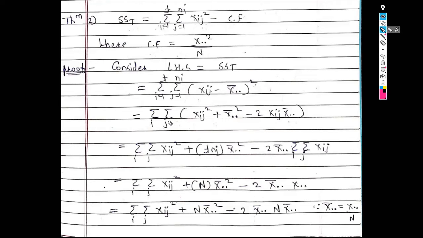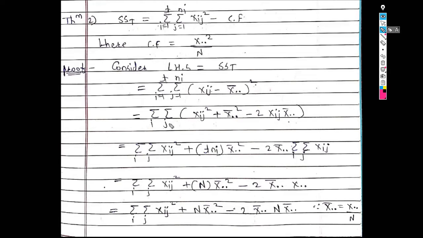Summation over i summation over j in bracket x_ij squared plus x dot dot bar squared minus 2 times x_ij into x dot dot bar. Now just take this summation sign inside the bracket. So we get summation over i summation over j x_ij squared plus, now x dot dot bar is independent of this summation sign, or x dot dot bar is a constant term.